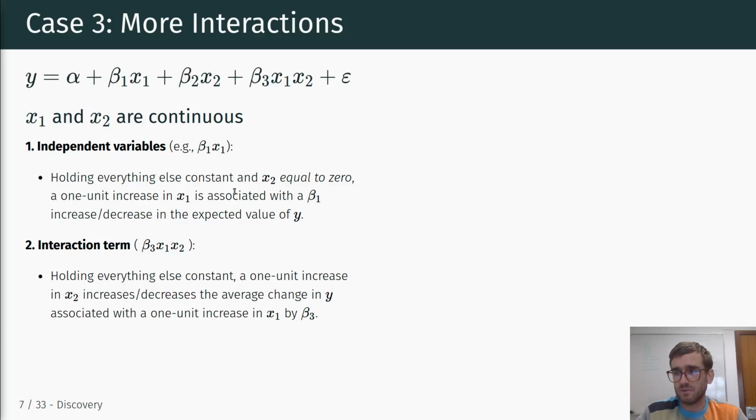That means, of course, that the interpretation of beta 1, the coefficient for x1, is then the effect of a 1 unit increase in x1 on an increase or decrease in y when x2 is equal to 0, which now means x2 is equal to its average, okay?